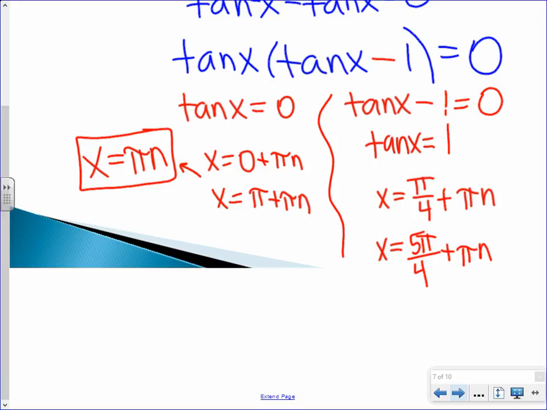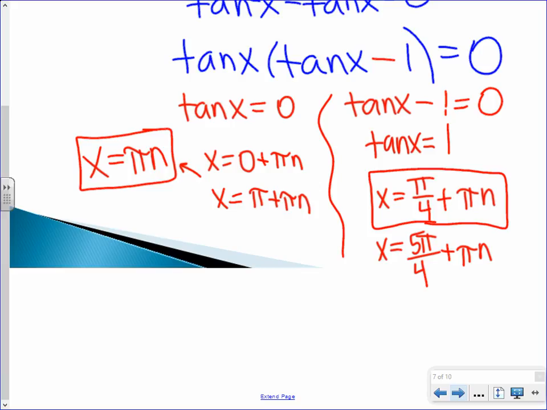And since it's tangent, our solutions are pi apart, which is the same as that period. So you could just write one of them and it includes both of them. Okay? So you could write 4 answers here. I wouldn't be upset, but you could only write pi over 4 plus pi n and 0 plus pi n. Those are the answers that the back of the book will have. Okay?